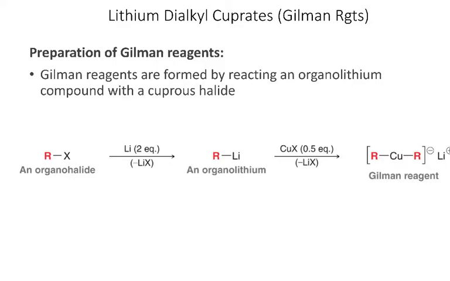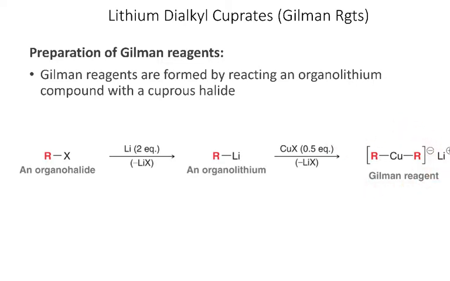The next type of organometallic reagent that we're going to consider are lithium dialkyl cuprates, also known as Gilman reagents. So Gilman reagents are produced by starting with an organohalide, reacting that with lithium to form an organolithium compound, and then reacting that with a copper halide to form the Gilman reagent.